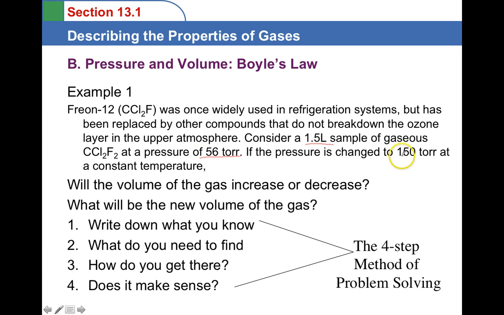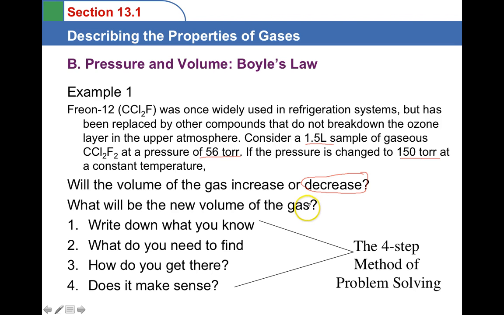If we change the pressure to 150 torr, that's an increase in the pressure. If pressure increases, the volume then will decrease because according to Boyle's Law, it's inversely proportional. If one goes up, the other's going down. What will the new volume of the gas be?